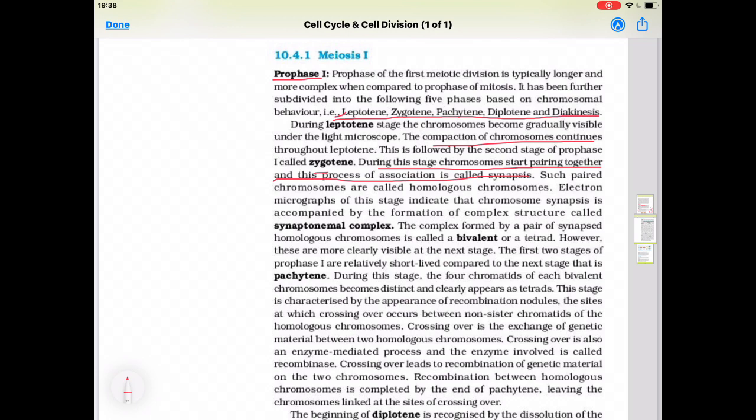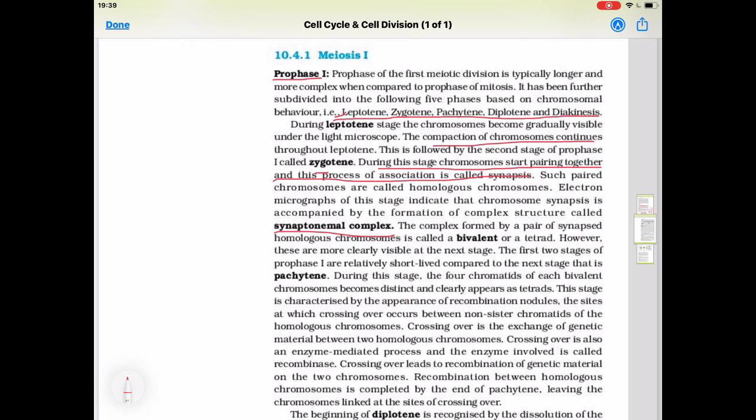The homologous chromosomes come close to each other, and this process is known as synapsis. Electron micrographs of this stage indicate that chromosome synapsis is accompanied by the formation of a complex structure known as the synaptonemal complex.